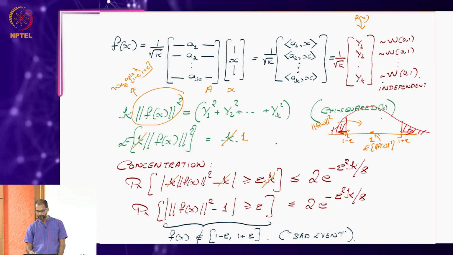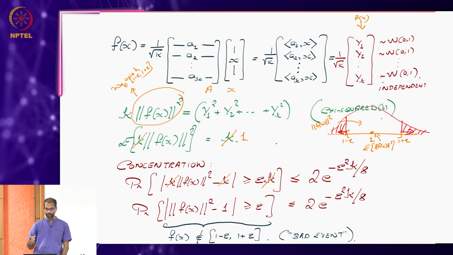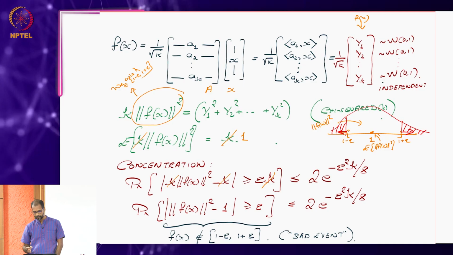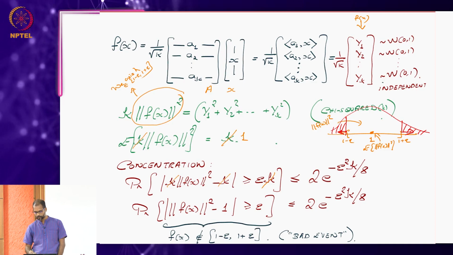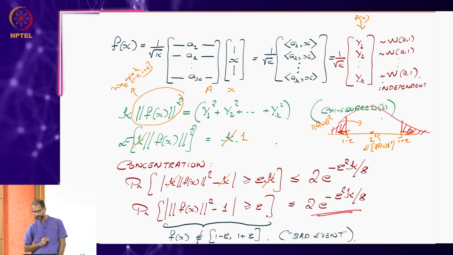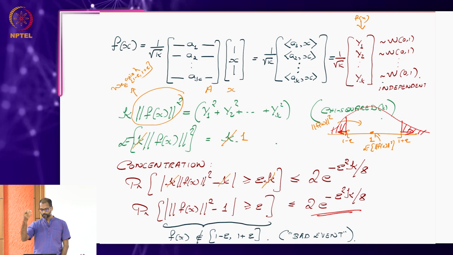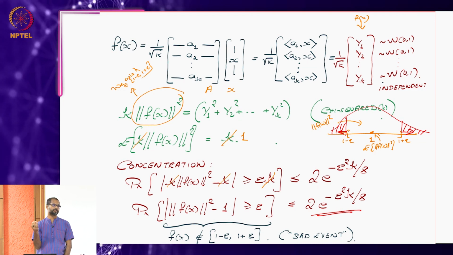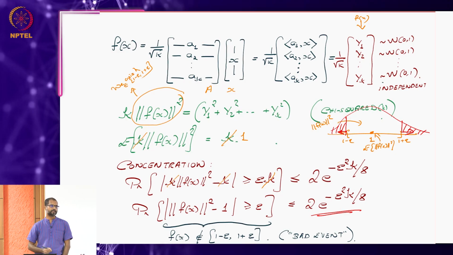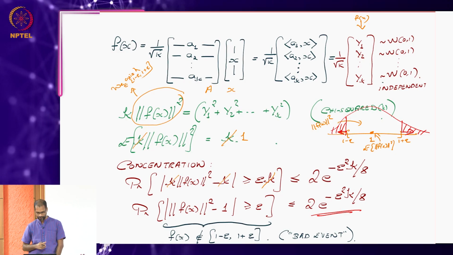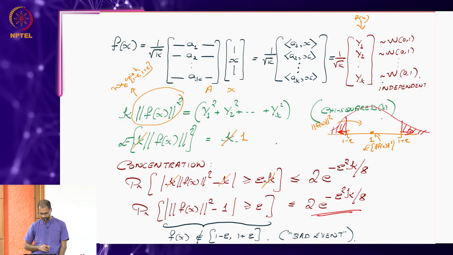The probability that this random variable fx norm squared will go into that area is at most twice e raised to minus epsilon squared k by 8, okay. Remember that k is going to have some factor like 1 by epsilon squared log n and so on. So, this epsilon squared will soon get cancelled with the 1 by epsilon squared in k, okay, and the expressions are going to get simpler from this point onwards, okay.